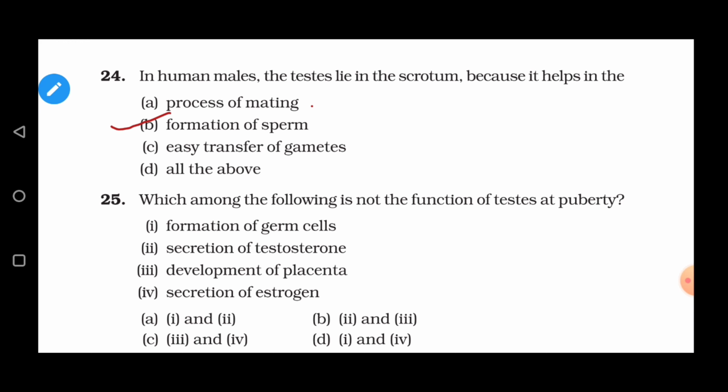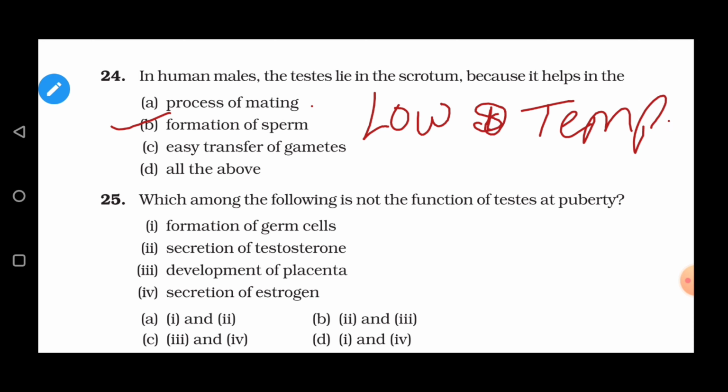We know that in the human testes sperms are formed. Testis के अंदर sperm का production होना है, and this process of sperm production requires low temperature. इस process के लिए low temperature की जरूरत होती है, and this low temperature can be provided when the testes are present outside the abdominal cavity.